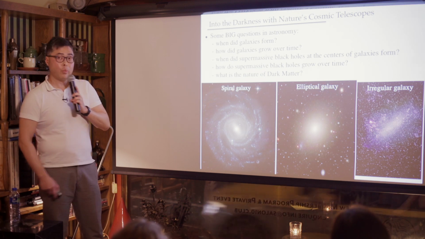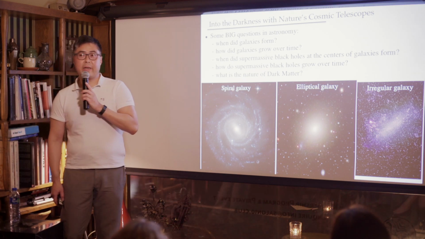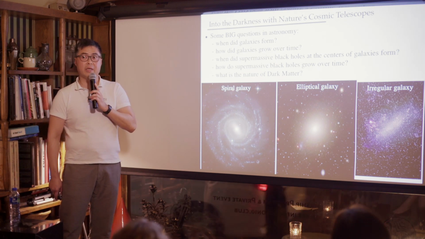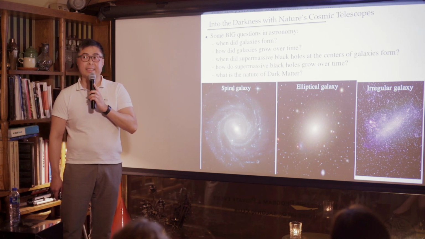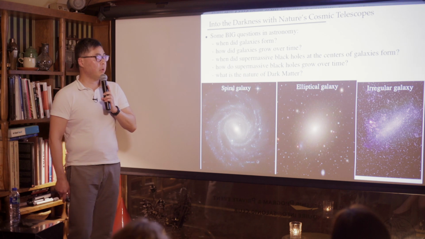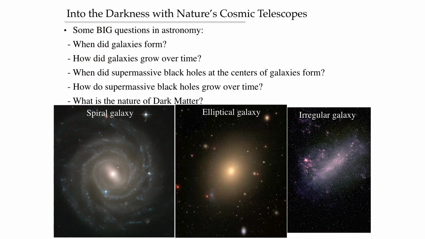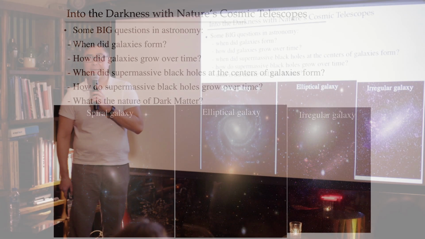We know today that just about every massive galaxy, every heavy galaxy, has a supermassive black hole at the center. And what we found also is that the mass of the supermassive black hole is related to the mass of the galaxy. Why that is, we don't understand. A supermassive black hole occupies just a tiny volume at the center of the galaxy.